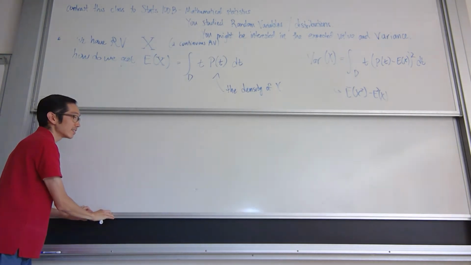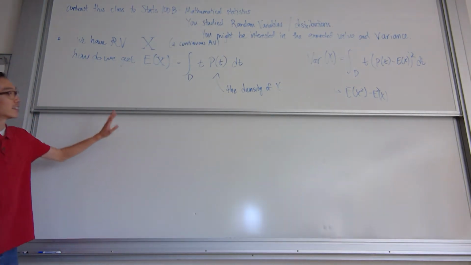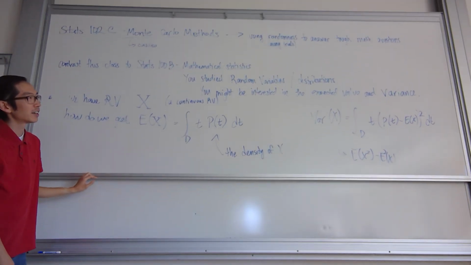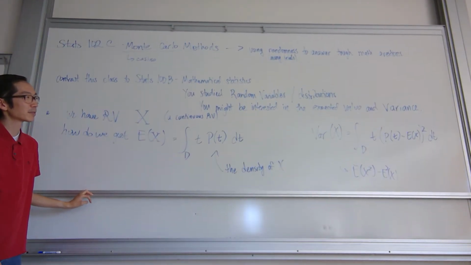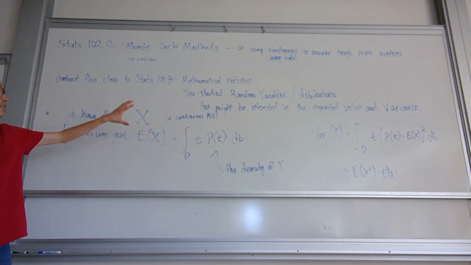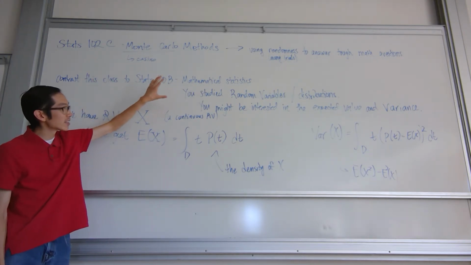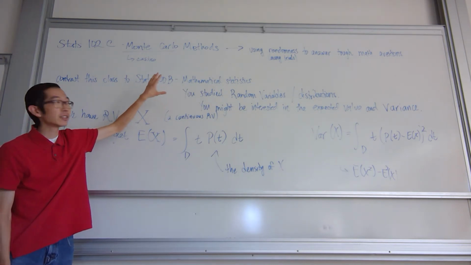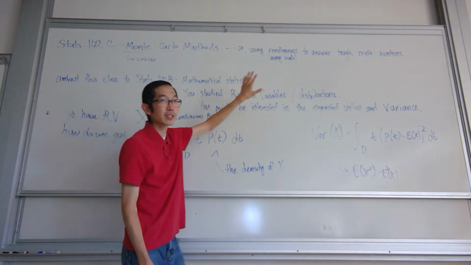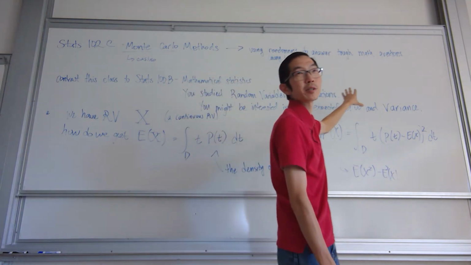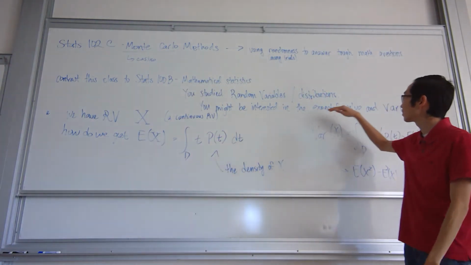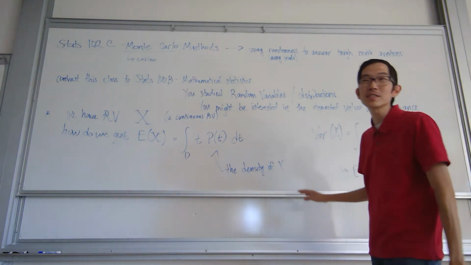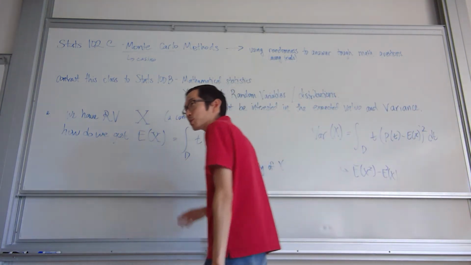So this is the big picture of Monte Carlo methods. The big picture is we want the same stuff that we want from 100B, okay? We want to learn about aspects of a random variable. We want to know the expected value. We want to know the variance. We want to know these properties about random variables or distributions.